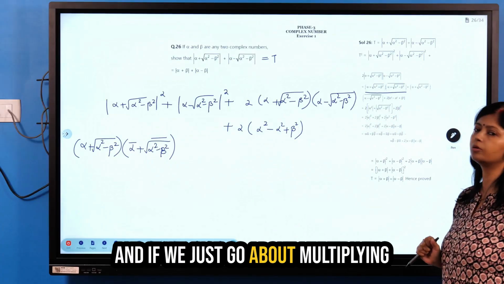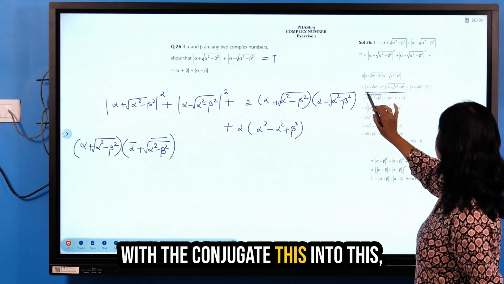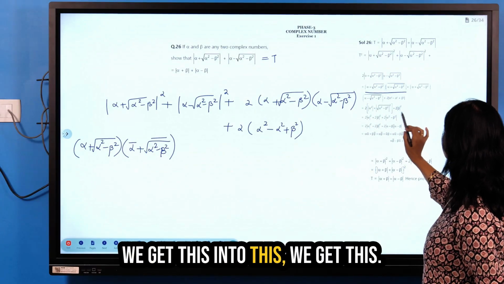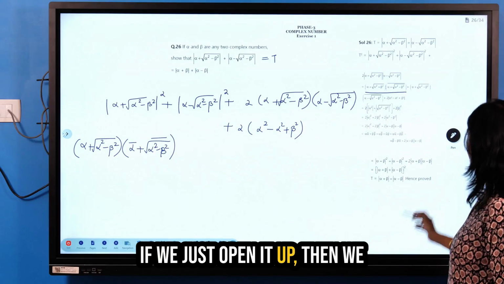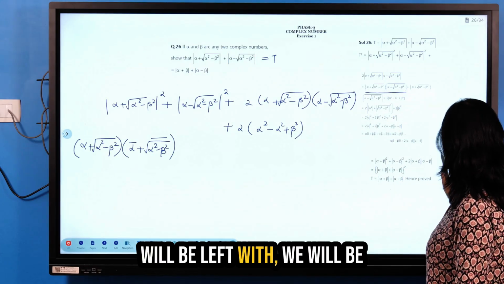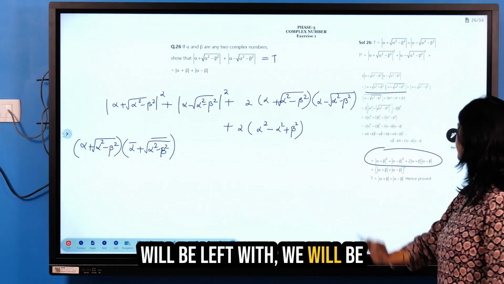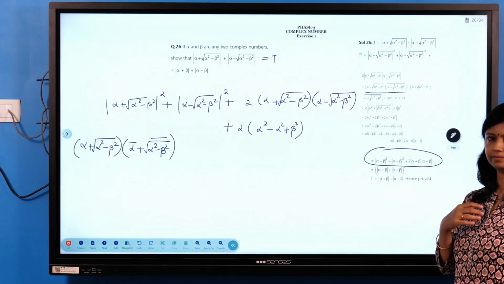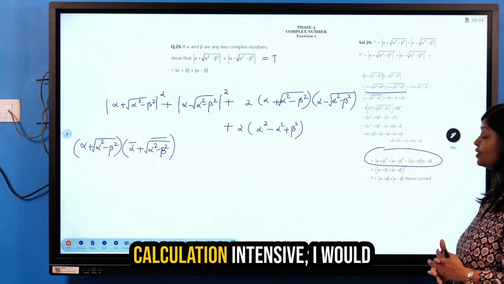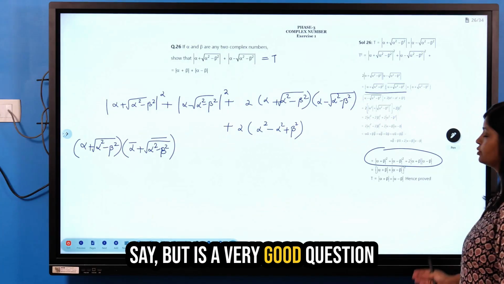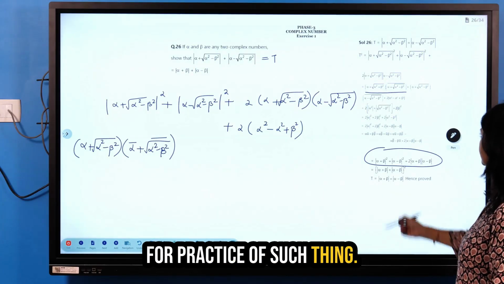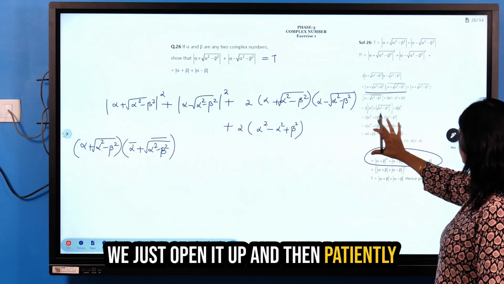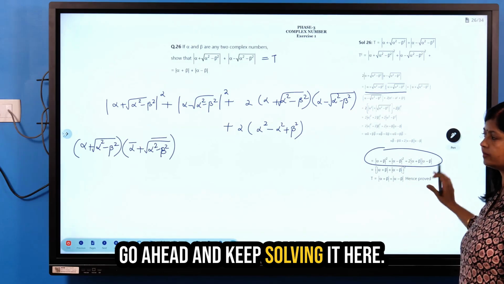And if we just go about multiplying with the conjugate, this into this, we get this, this into this, we get this. If we just open it up, then we will be left with something like this. So the question is a little bit calculation intensive, I would say, but it's a very good question for practice of such things. We just open it up and then patiently go ahead and keep solving it.